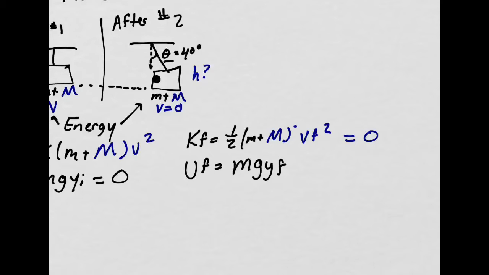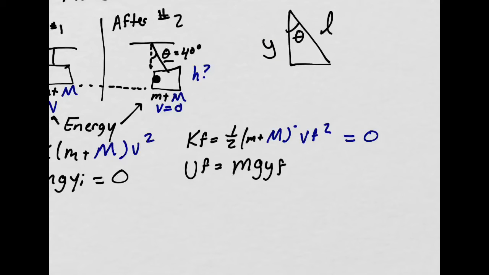So we're told the length of the string. So our hypotenuse is 1500. Well, let's just call it L right now. And we're told this angle. So in order to find the y distance, we have to use SOHCAHTOA.